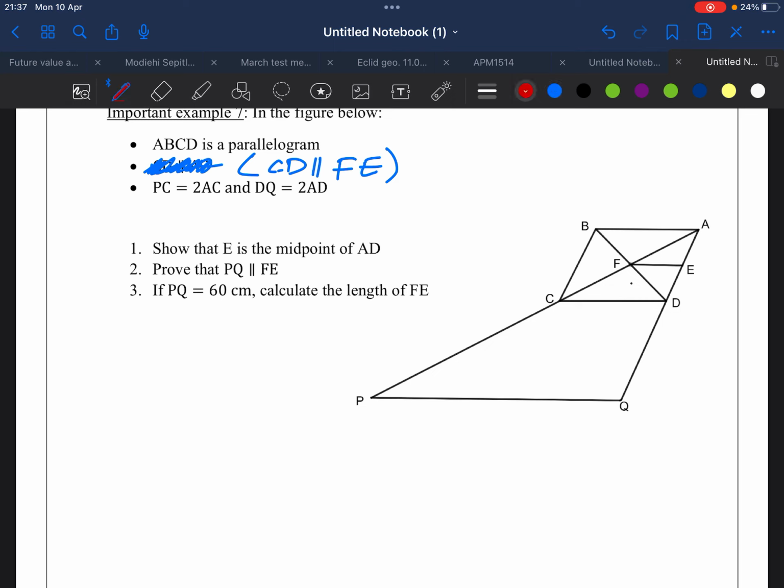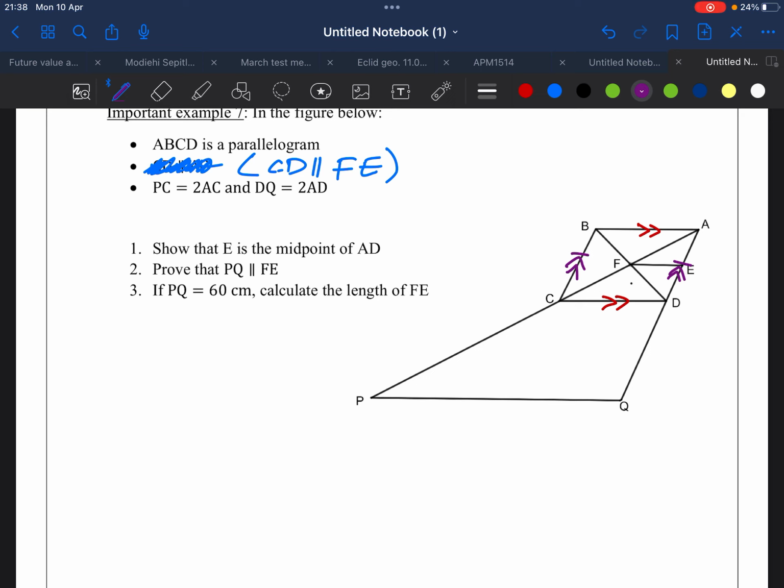What is it that we know? We know that ABCD is a parallelogram. This one is parallel to that one, and this one is parallel to that one there.